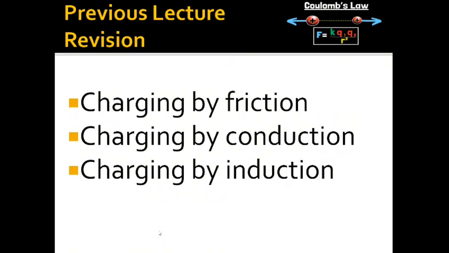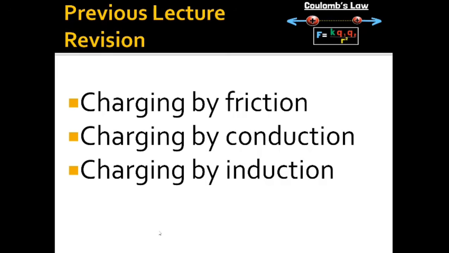Then the last one there is charging by induction. In charging by induction, you bring a charged body and a neutral body close, but without contact. And what happens? The charged body will induce charge in the neutral body by a process called polarization. That's redistribution of charges.